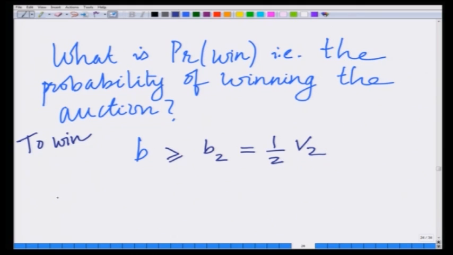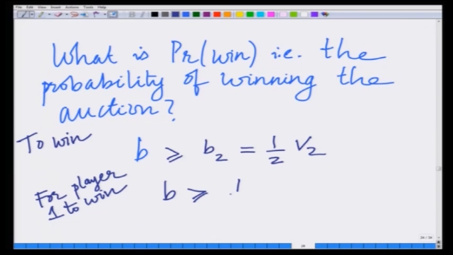So B must be greater than or equal to half V2, which implies that V2 is less than or equal to 2B, right. So, to win the auction, bid B must be greater than or equal to half V2, which means V2 must be less than or equal to twice B.